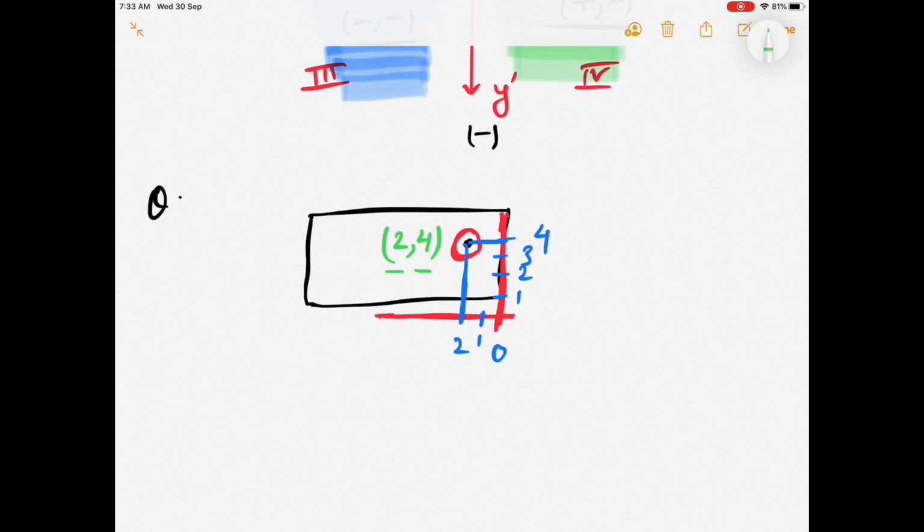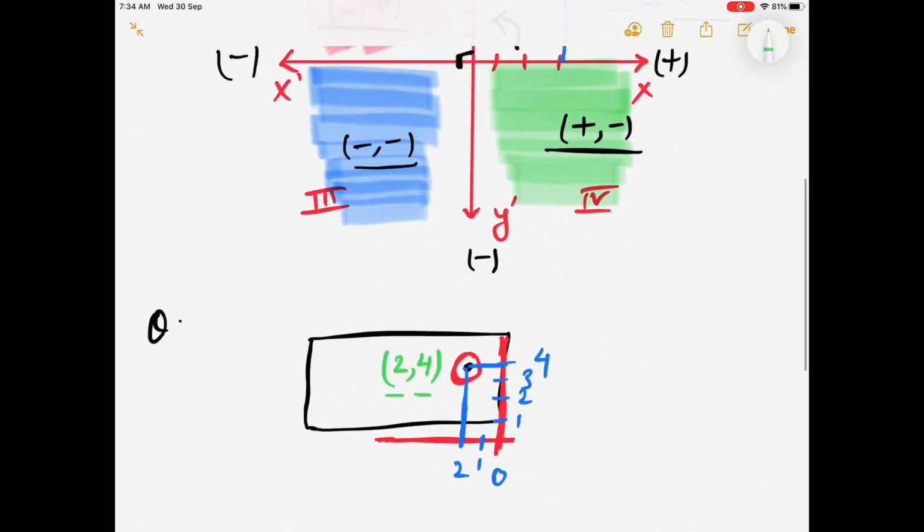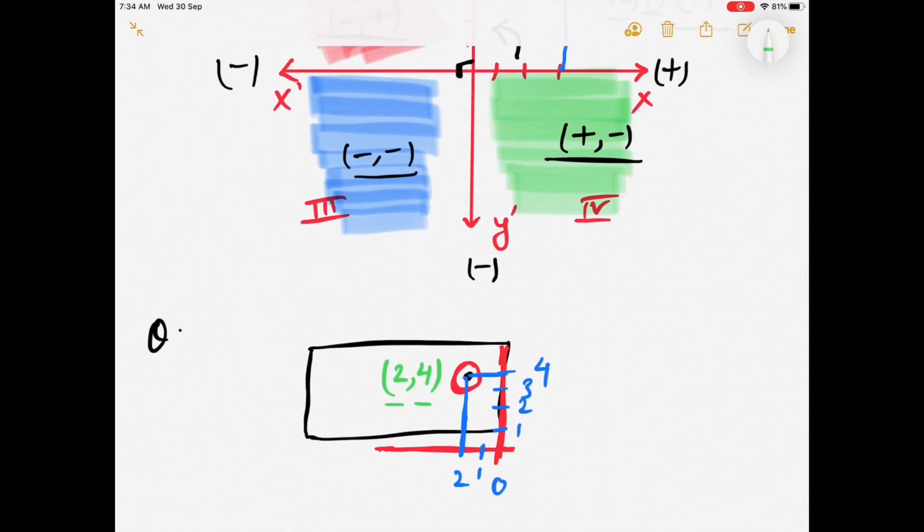So we can say to our friend that the table lamp is placed at point (2, 4), or 2, 4 centimeters from your chair at the study table. You can describe it in this method so that he or she can understand it in a better way. So we have to apply this method to tell the position of a certain object, that where the object is placed at the certain point.